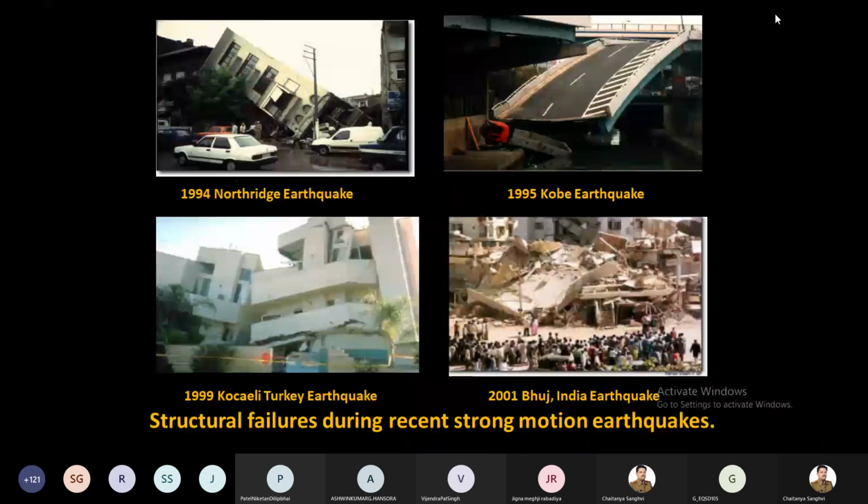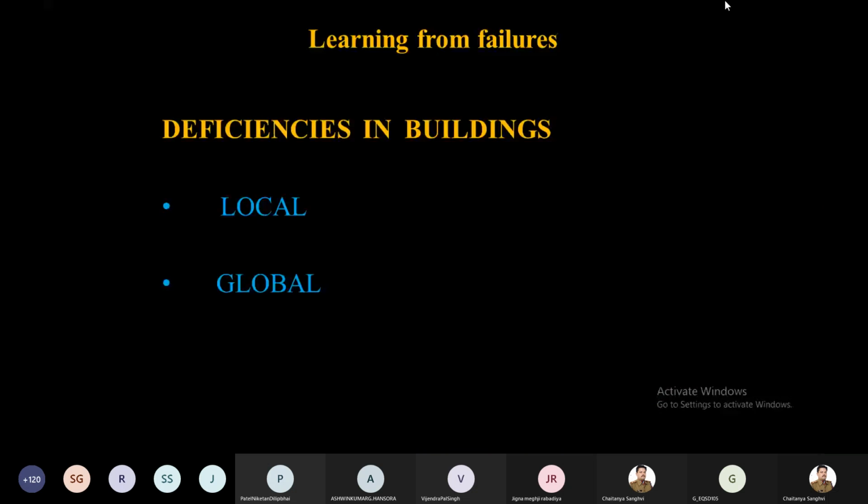In that earthquake, the damage and collapses observed were not because of the earthquake, but because of the tsunami. Now, when we say a collapse is observed, what is the reason for the collapse? The reason for the collapse is a deficiency in the building, and this deficiency may be local or global. What do we mean by global deficiency?